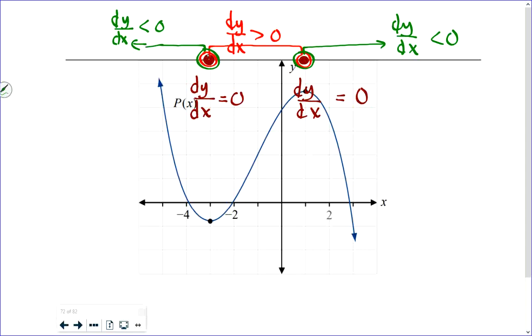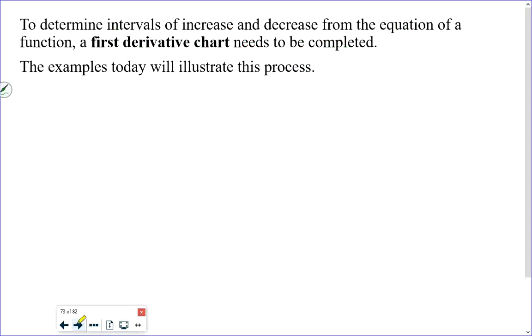And we're going to do 4 examples now where we find out the intervals of increase and decrease without looking at a graph. We look at the calculus of the situation. So to begin with, we're going to be working on what's called a first derivative chart. Now, it turns out you've done a first derivative chart. Remember that somewhat nightmarish lesson dealing with position, velocity, and acceleration?